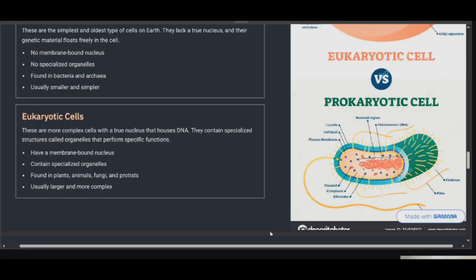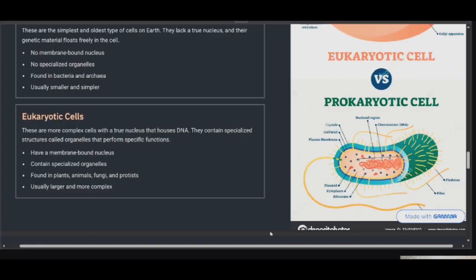The size of a eukaryotic cell is larger, ranging from 5 to 100 micrometers, while the prokaryotic cell size varies from 1 to 10 micrometers. The number of chromosomes in a eukaryotic cell is more, while a prokaryotic cell usually has a single chromosome.